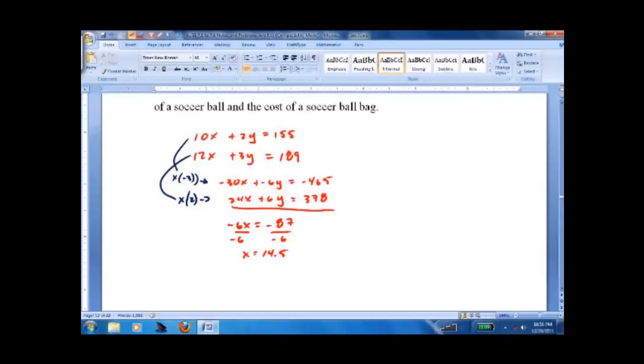Plug it back in. 10 times 14.5 plus 2 times y equals 155. 145 plus 2y equals 155. Divide by 2. So it looks like soccer balls cost $14.50 and soccer bags cost $5.